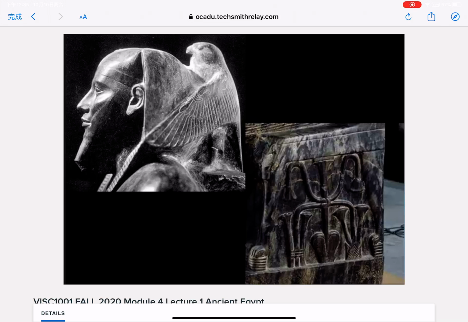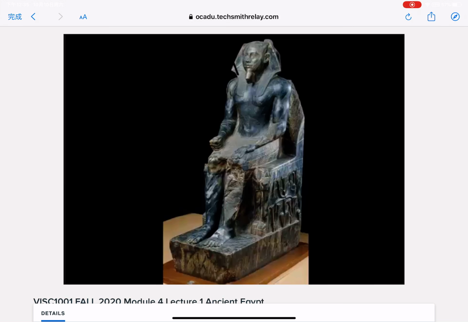Now, the semi-divine nature of the status of the pharaoh is again reinforced through the style of the carving. Overall, the statue is highly idealized. I'm not saying there aren't moments of naturalism, because there are.